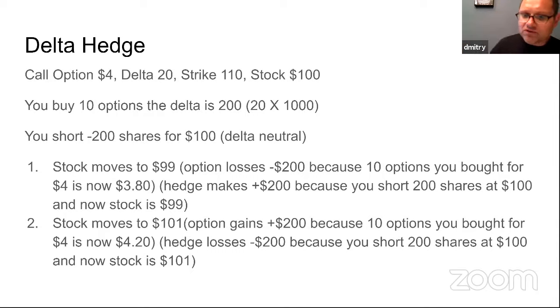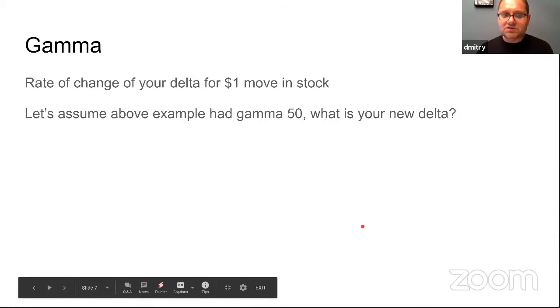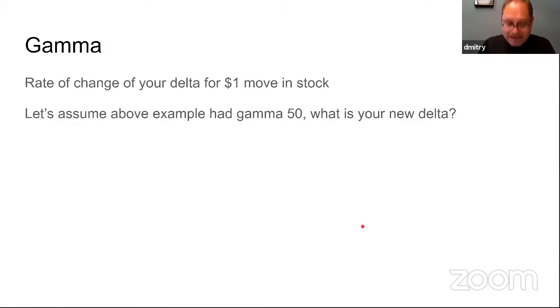So how do we make money on the volatility? Let's take a look at that. This is where gamma comes in, right? We talked about the delta. What is gamma? Gamma is the rate of change of your delta for a $1 move. Remember that when the stock moves, the deltas move, right?